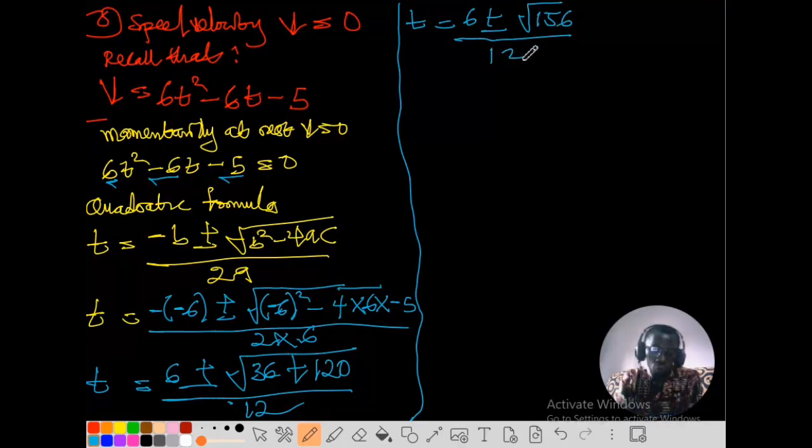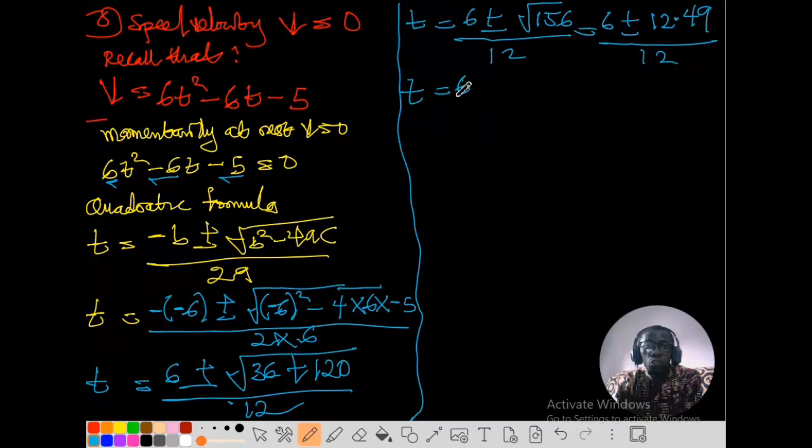So what is the square root of 156? t equals 6 plus or minus square root of 156, 12.49 approximately, over 12. So this shows two possibilities here. That means t here will be 6 plus 12.49 over 12, or 6 minus 12.49 over 12.